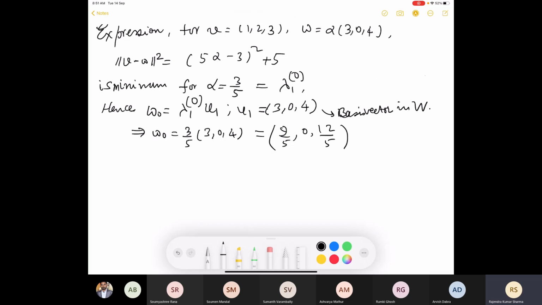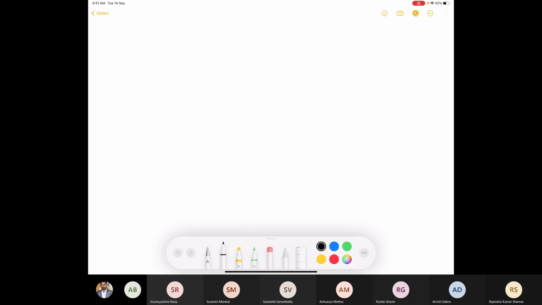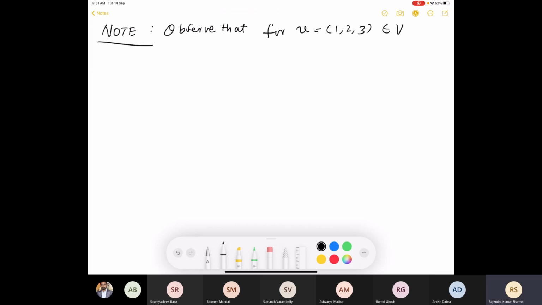Now let us see a little more of geometry further. So observe that for V (1, 2, 3) in V, the best approximation of V by vectors in W, what was W?